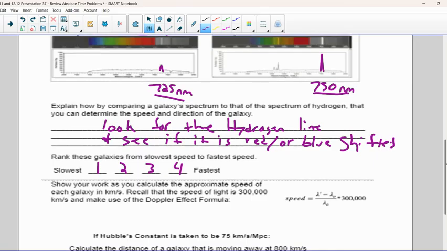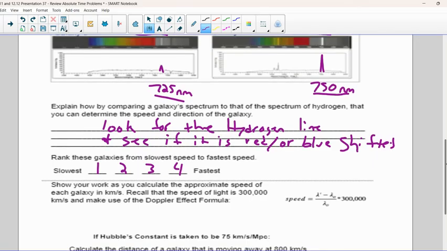And then it asks you to calculate how fast each one is going. So you'll be given this formula right here. Lambda prime is the wavelength that you're measuring. Lambda naught is what the wavelength should be. So that number is 656. That's where it's supposed to be.